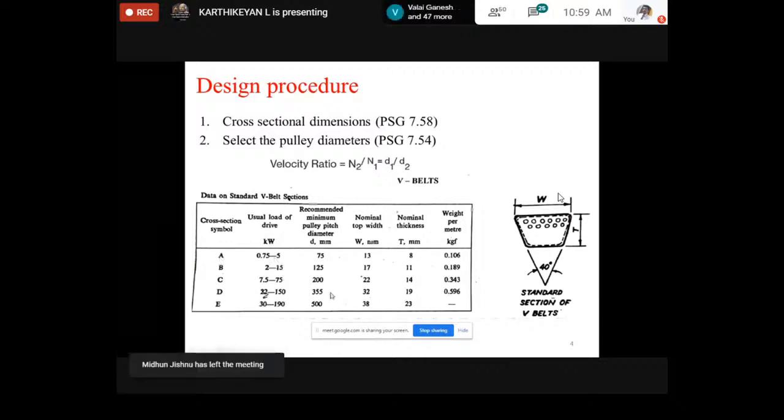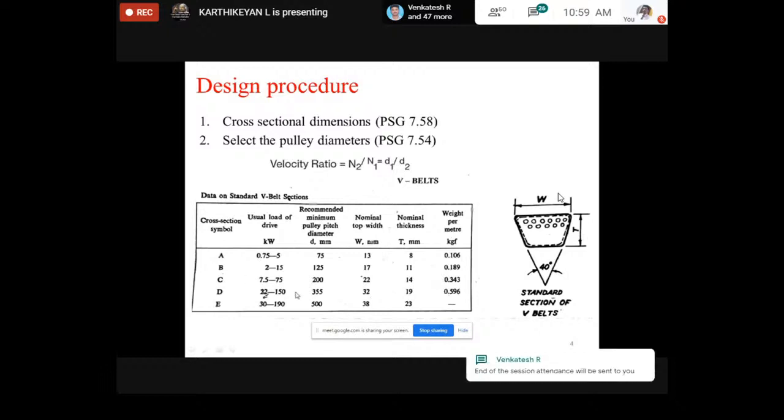For example, if your power is 15 kilowatt given in the problem, you can choose B or C. You can choose either as per your convenience. Another major factor which influences the cross-sectional selection is the last one, weight per meter. The last column shows the value of weight per meter length. So this is also an influencing factor while selecting the cross-sectional data. That is the first step we are doing in every problem.